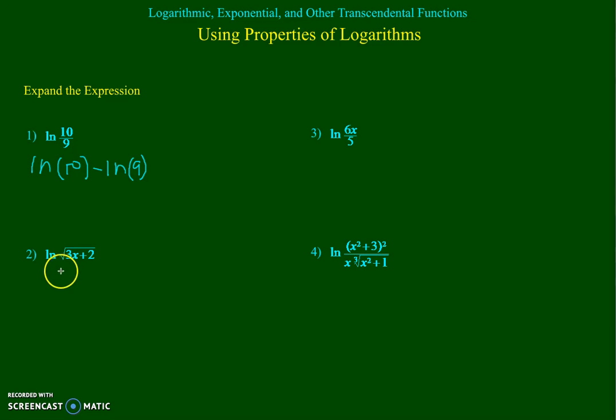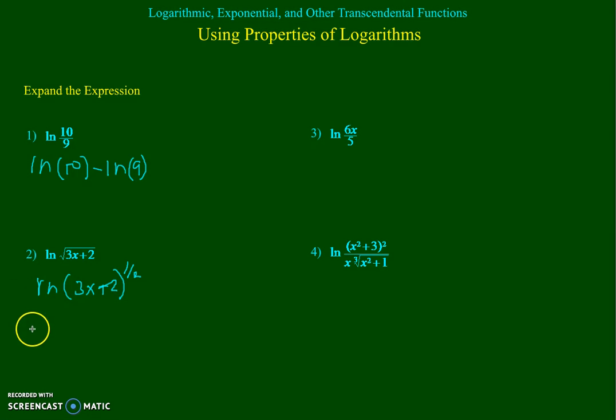Alright, so this looks like we have a composite function here, and I'm going to rewrite this really quick. This is just the natural log of 3x plus 2 to the 1/2 power. Now here we have the power rule.